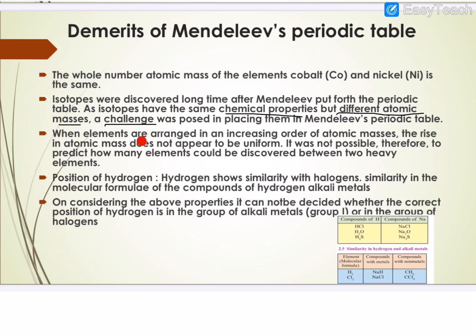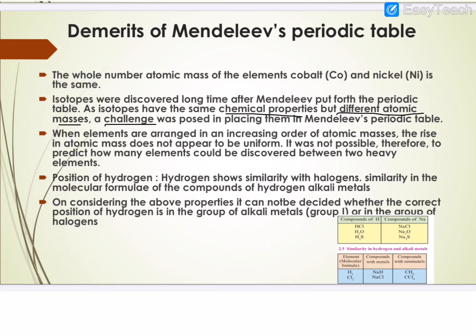The next is, when elements were arranged in increasing order of atomic masses, the rise in atomic mass does not appear to be uniform. So we cannot find uniformity; the atomic masses increase non-uniformly when arranged on the basis of atomic masses, and it was therefore not possible to predict how many elements could be discovered between two heavy elements.